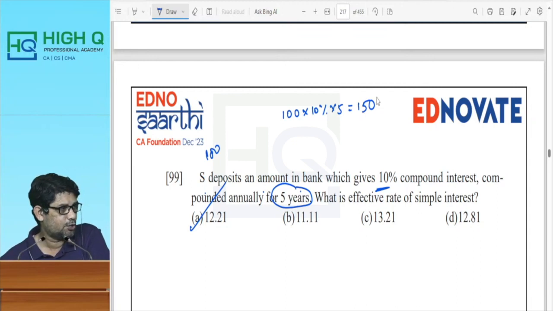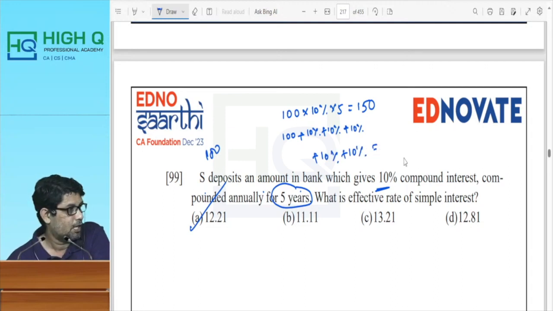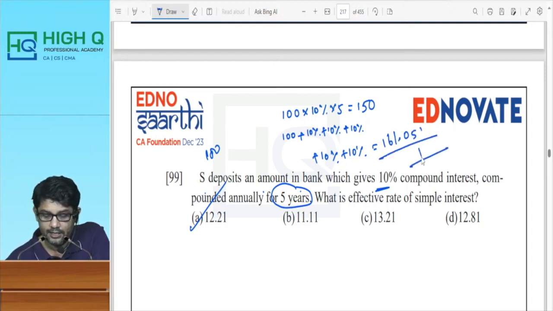Say yes or no. Now, in compound interest, 100 plus 10% plus 10% plus 10% plus 10% plus 10%. How much I'm getting, my dear? 161. So, this is the difference amount.